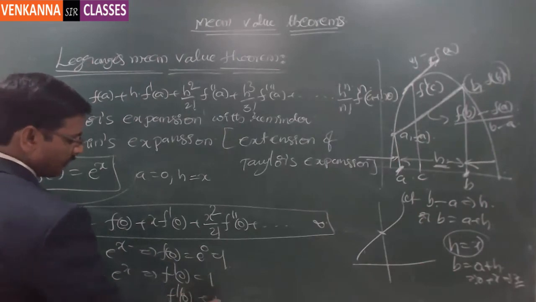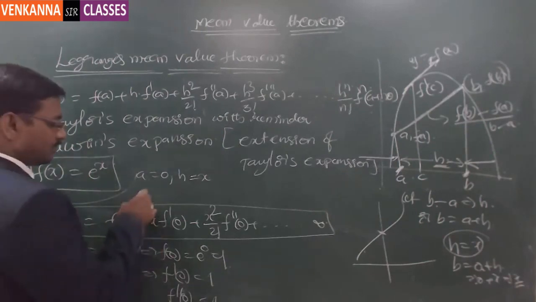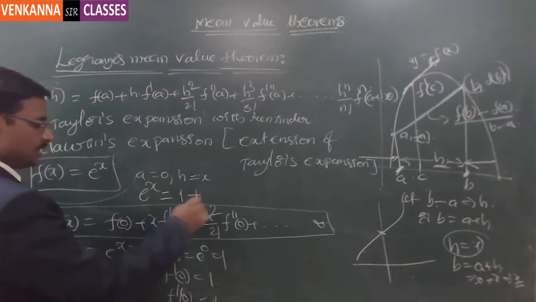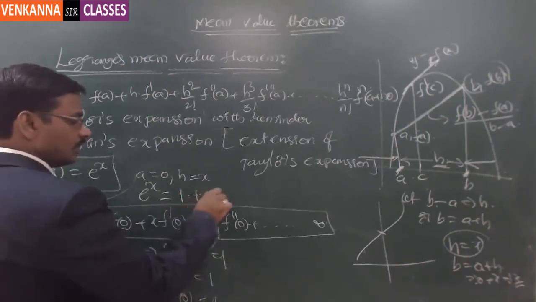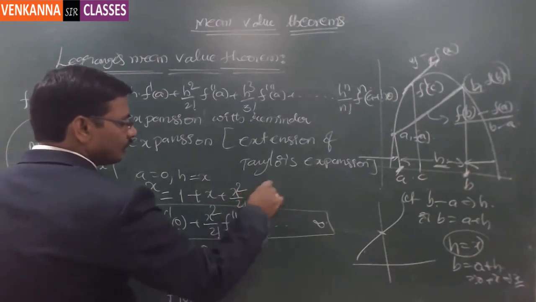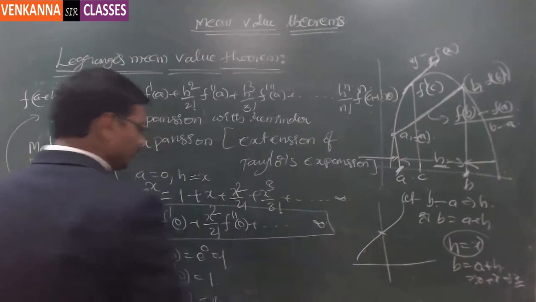So whatever the derivative may be in this particular case, the value always comes out to be 1. Then the expansion e power x can be written as f of 0 which is 1, plus x into f dash of 0 which is again 1, plus x square by 2 factorial into 1, plus x cube by 3 factorial into 1, plus ... up to infinity.